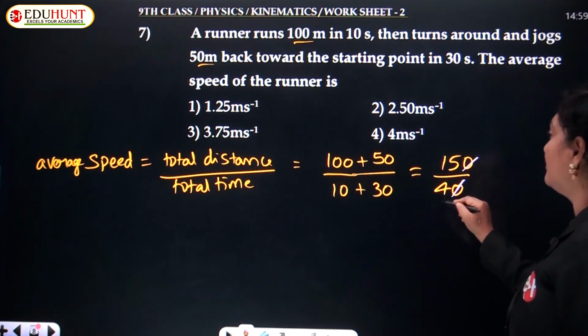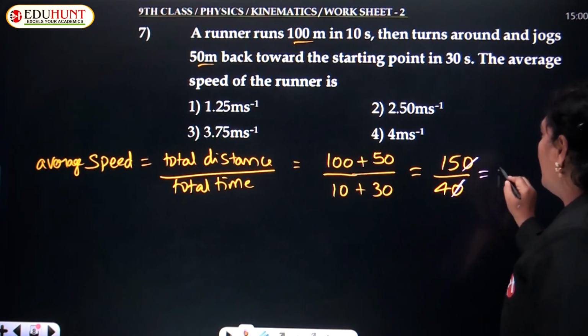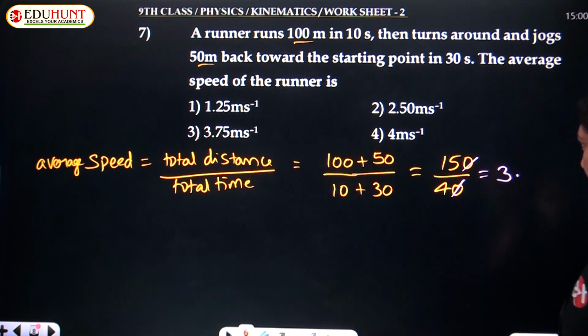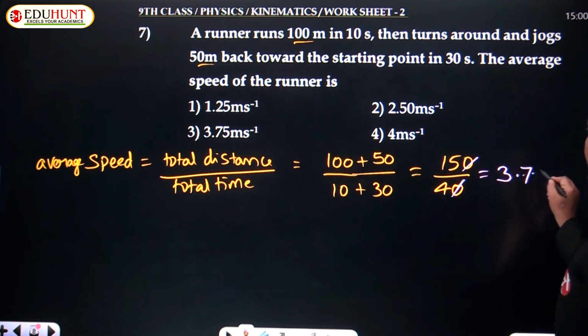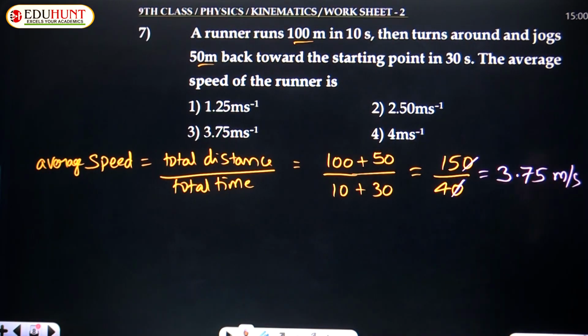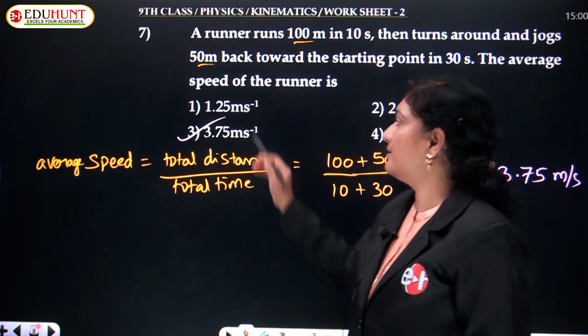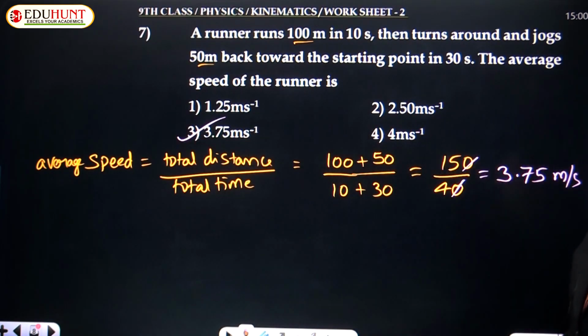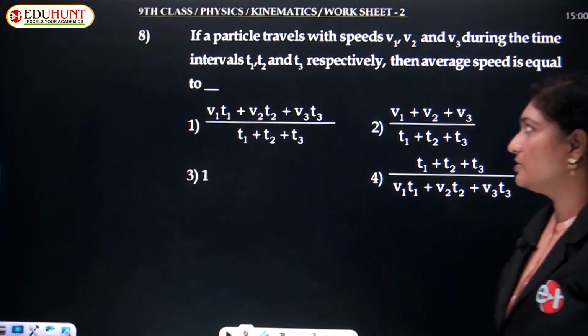So 15 by 4 is 3.75 meters per second. Therefore, option 3 must be true. Average speed equals total distance by total time. Simplify accordingly. So moving ahead with the next question, children.